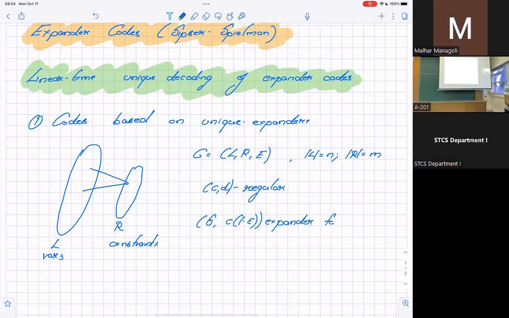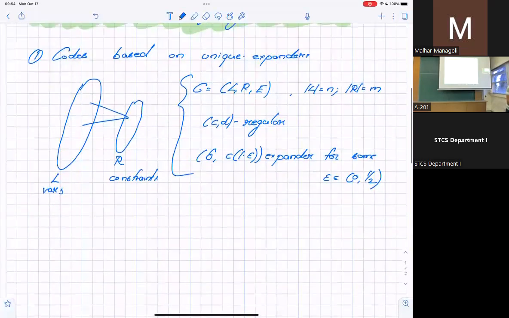For some epsilon, the fact that epsilon was smaller than half was what made it a unique expander. Based on this graph, we constructed the following code: C of G. It's a code sitting on the left side, in {0,1}^L.